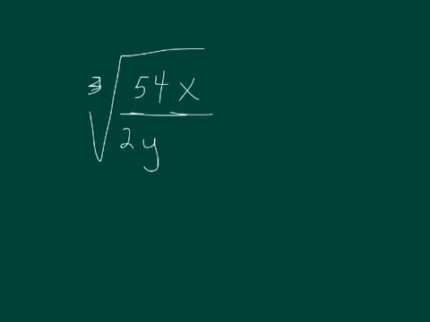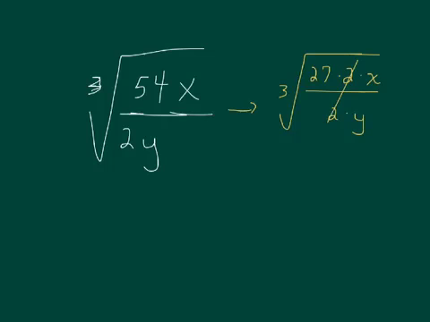9 is a perfect square, but we're looking for perfect cubes now, right? Isn't 54 27 times 2? And doesn't the 2 actually end up reducing with the bottom there as well? So you could start by writing this as the cube root of 27 times 2 times x all over 2 times y.